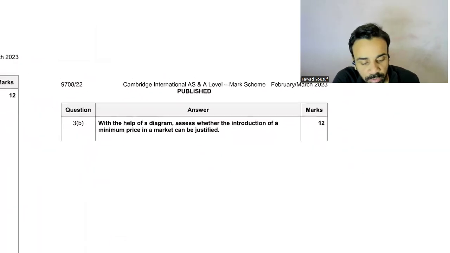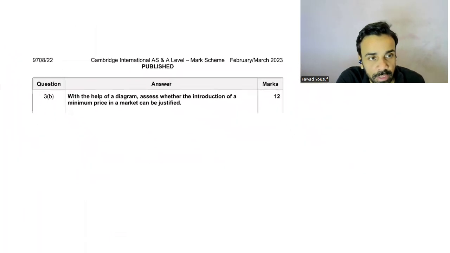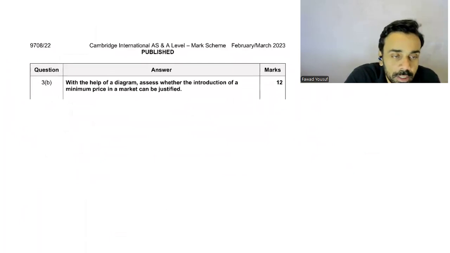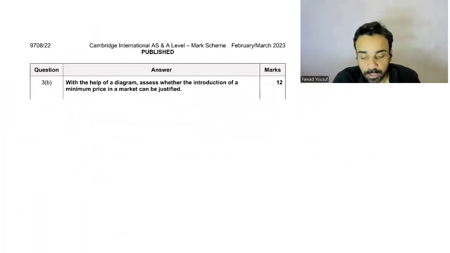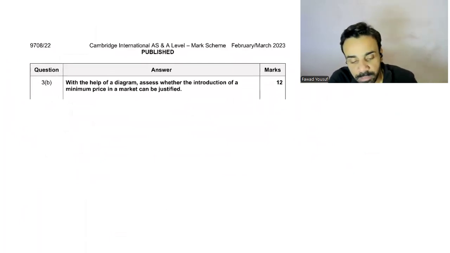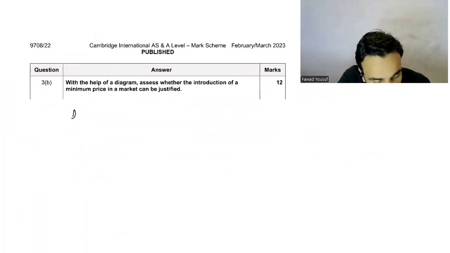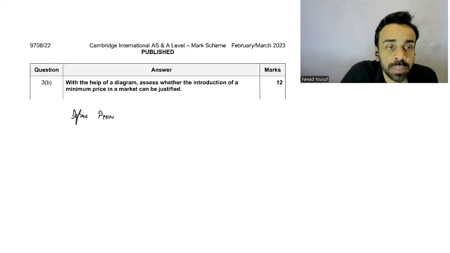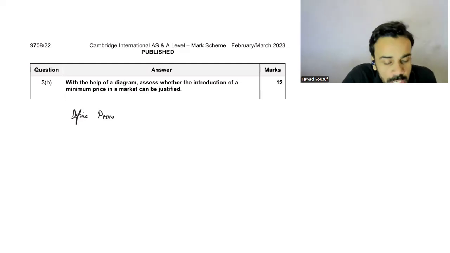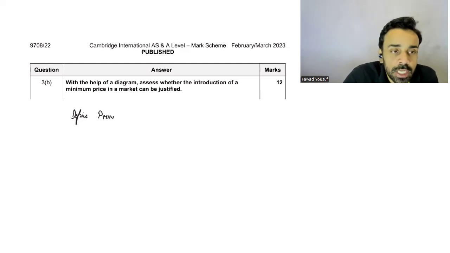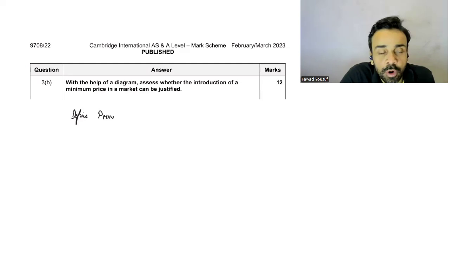You need to make a diagram. Please make sure that your diagram is not too far away. Maximum should be there after defining what minimum price is. So you can define what is P minimum. It's a government price legislation which does not allow the prices to fall below a certain level.